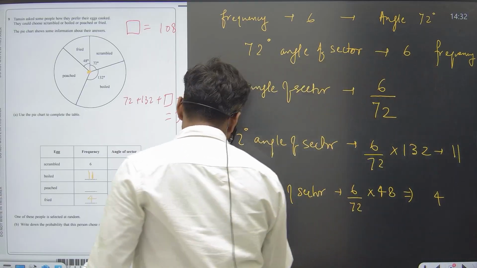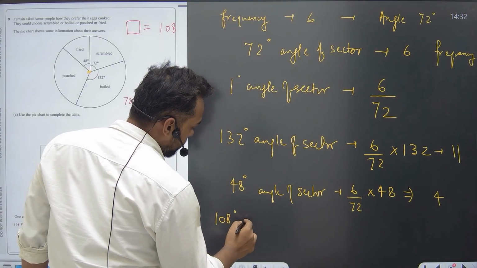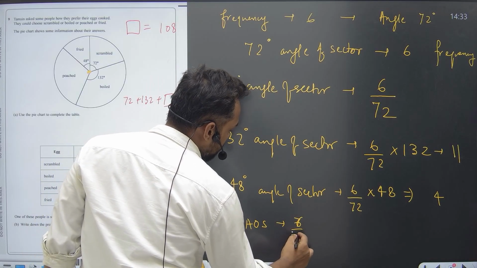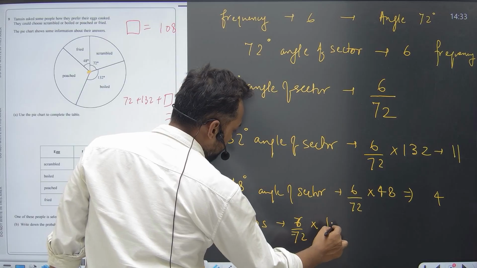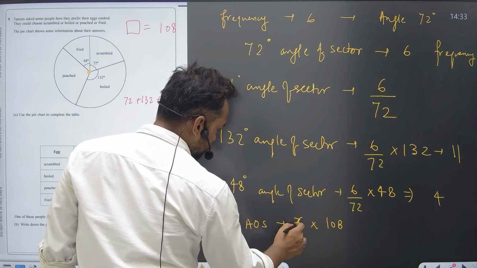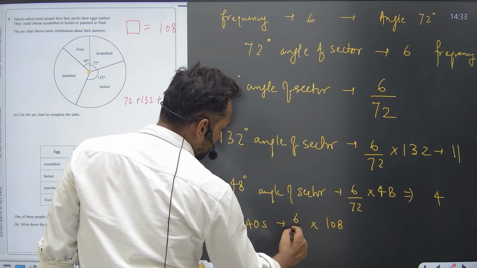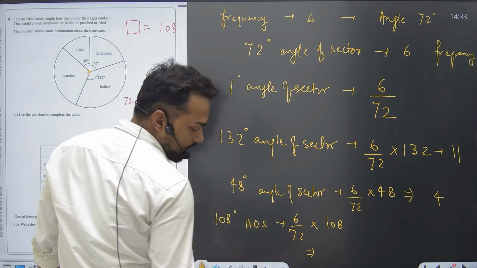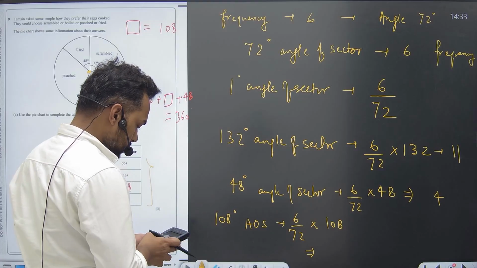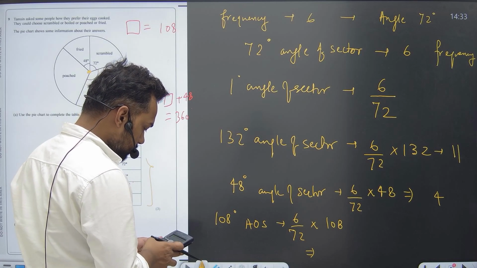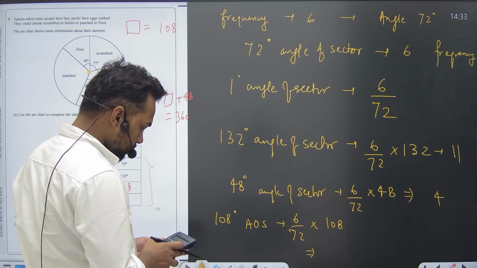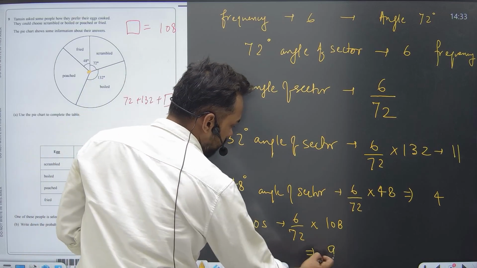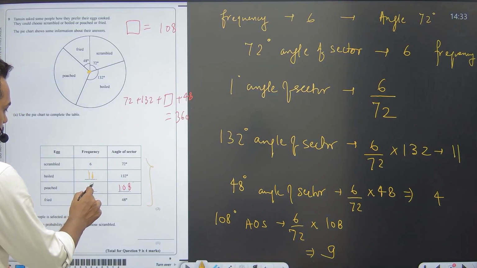So for a 108 degree angle of a sector, it will give 6 by 72 cross 108. After calculating it further, 6 by 72 cross 108 is 9. So for this we are getting 9. So this is the value.